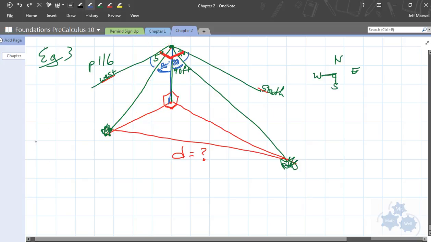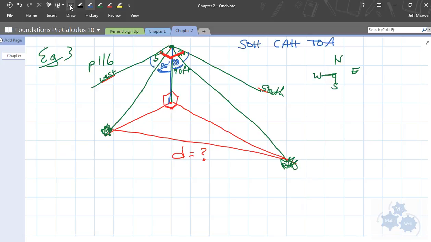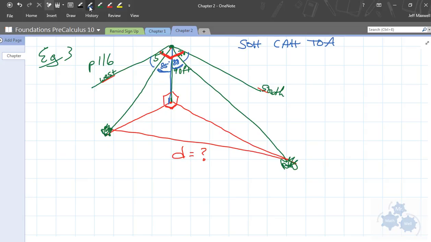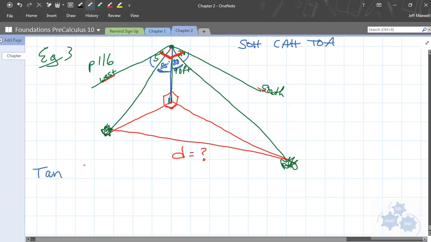And so what trig function are we going to use? Well, what are they again? I wonder. So, TOA. So which one involves opposite and adjacent? Yep. So you guys should be ahead of me even here. Tan 85 equals, so let's say this is opposite here, equals opposite over 90, which is the adjacent.